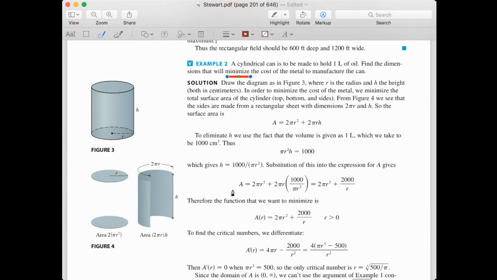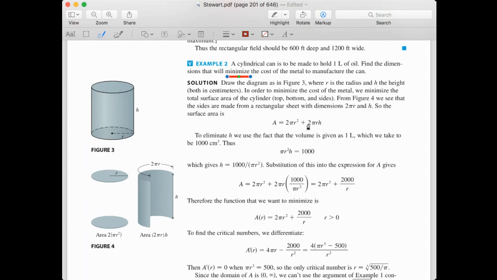Okay, now let's make the area function. The surface area equals 2 circles, 2 pi r squared, plus 2 pi r times h, right? Top and bottom and the body. So that's the area.